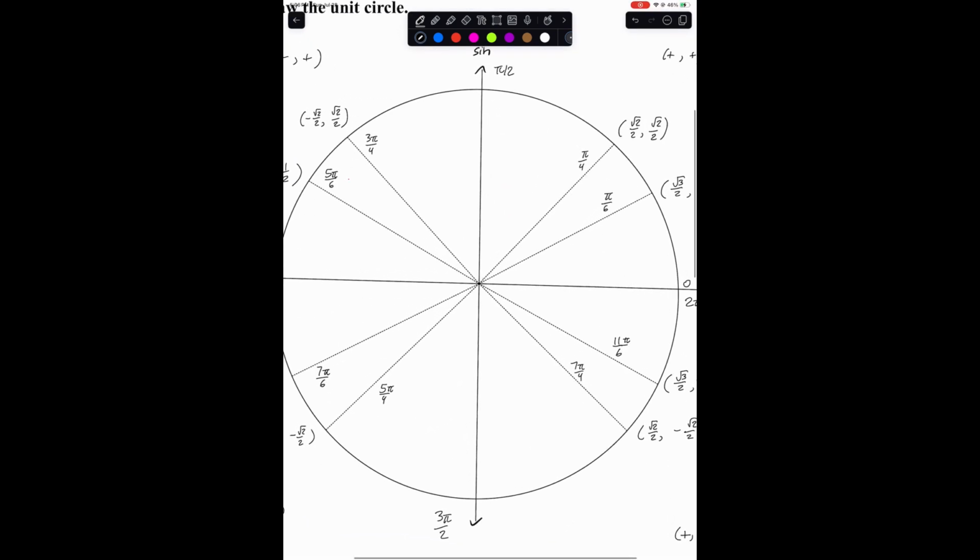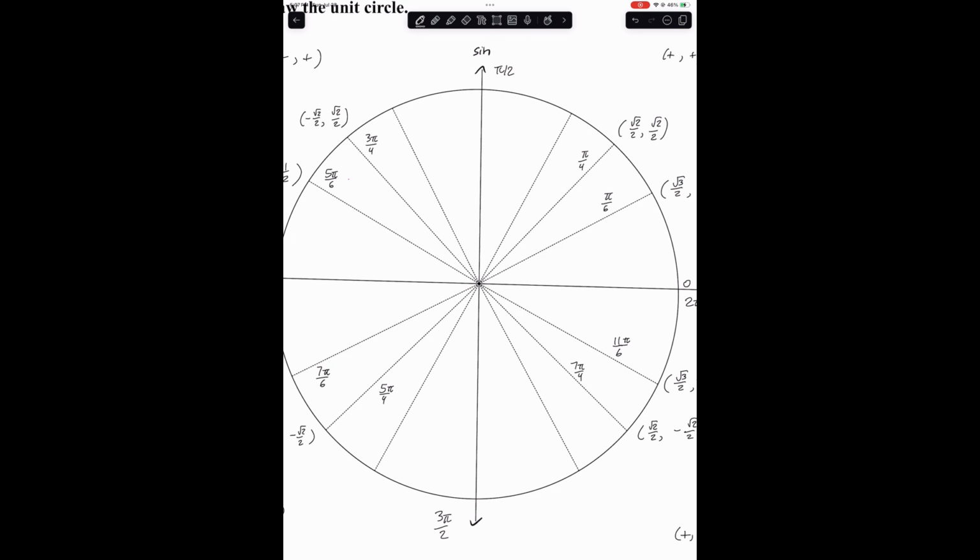We repeat this process for the last angle you usually have to remember, and that is pi over 3. So like this. This is a rough sketch. I'm not drawing this super perfectly. It should look close enough. There we go.